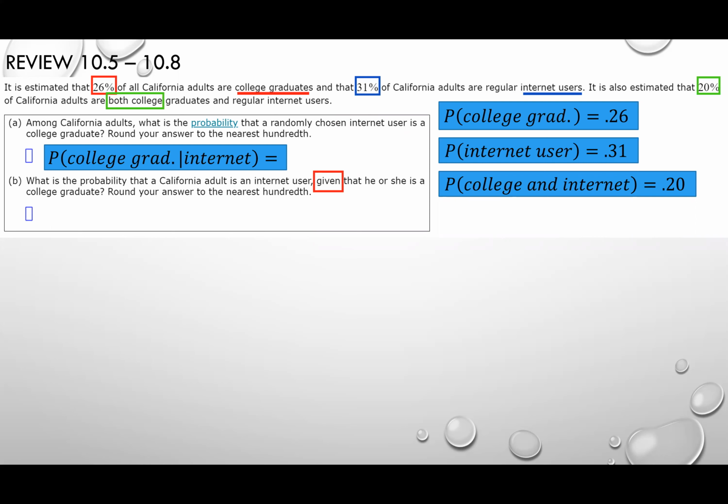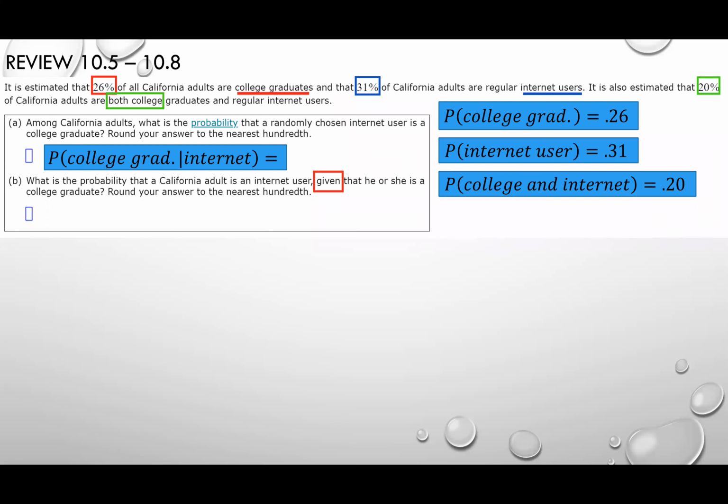The condition is the internet user. Once you extract out the internet users, of those internet users, how many of them are college graduates, right? So the condition that has to be met is they have to be an internet user.